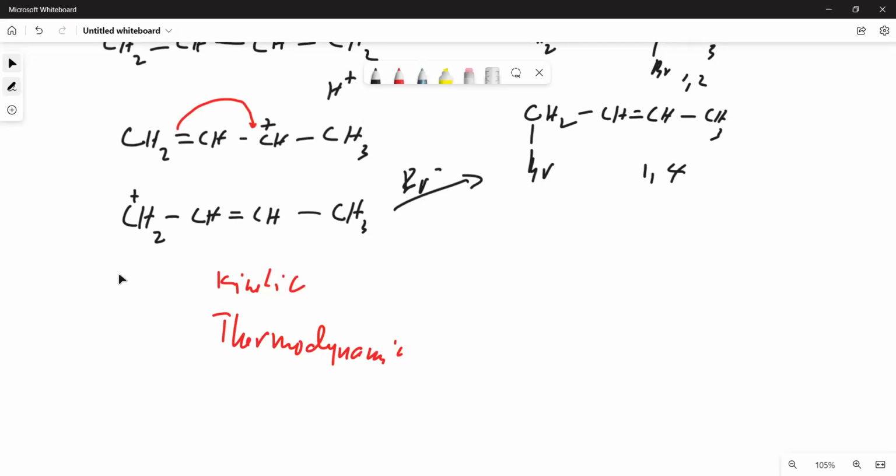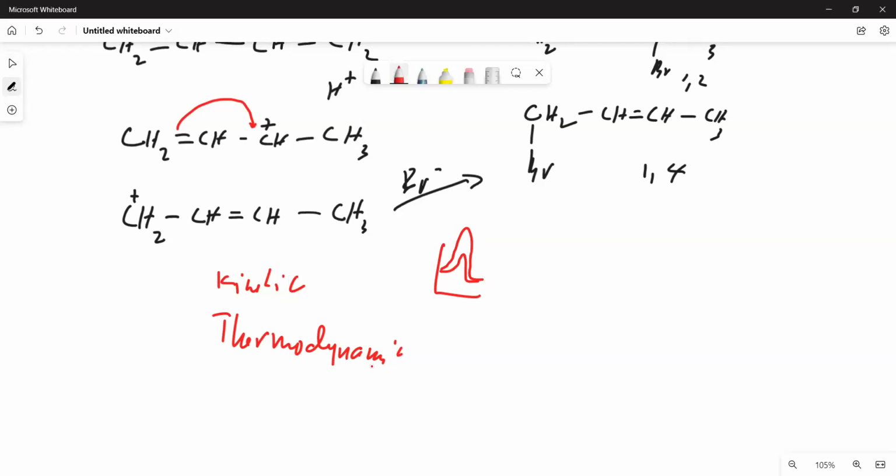Take note that these two concepts are different. Kinetics will predict how fast the reaction will happen. So we usually look at the barrier, no? The smaller the activation energy, the faster. The higher the activation energy, the slower.